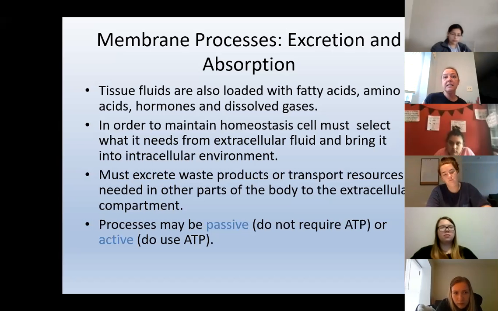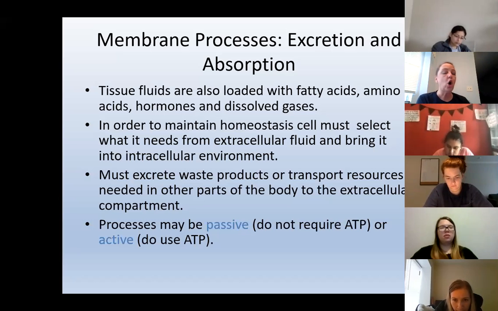You have gases like oxygen and carbon dioxide that are going to have to be moving back and forth through the cell membrane. And we need the cell membrane to maintain what we call homeostasis, meaning that the pressure on the inside of the cell is equal to the pressure on the outside.